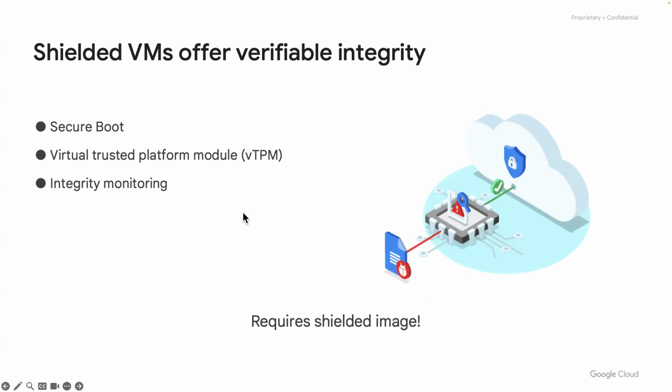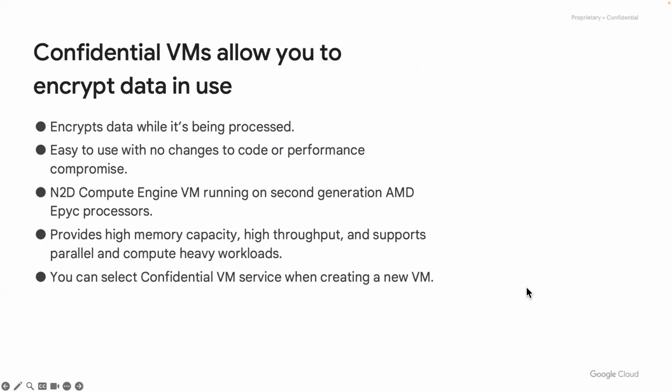It uses a virtual trusted platform module in the backend hardware. It uses more secured module integrity monitoring. It is called shielded VM. Confidential VM allows you to encrypt the data. Of course, the data is always encrypted.